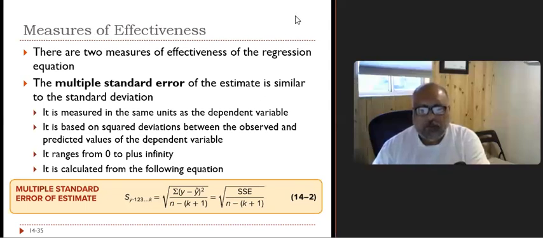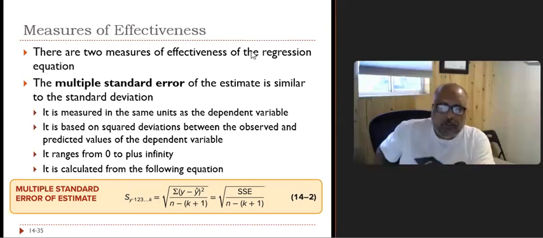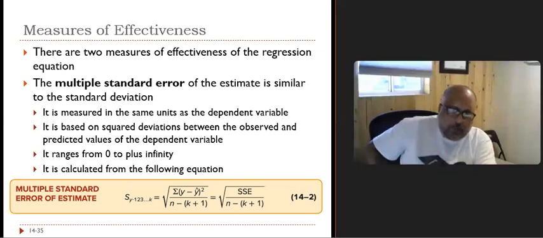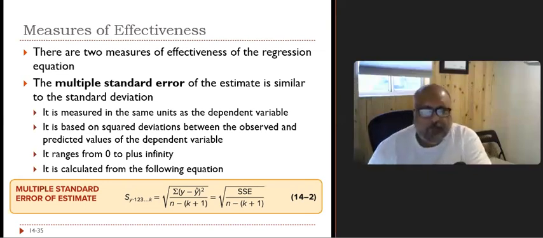We can look at this parameter, multiple standard error of estimate. What we're trying to do here is measure effectiveness. The two measures evaluate how well the regression equation fits the data, how effective it is.